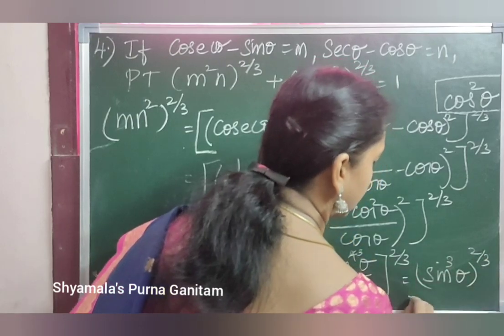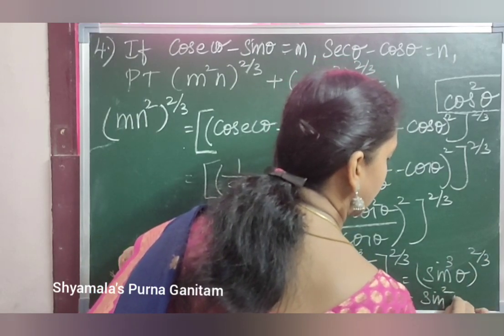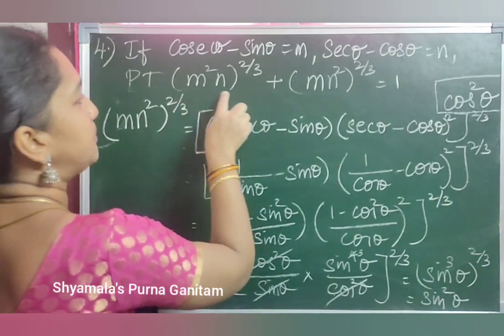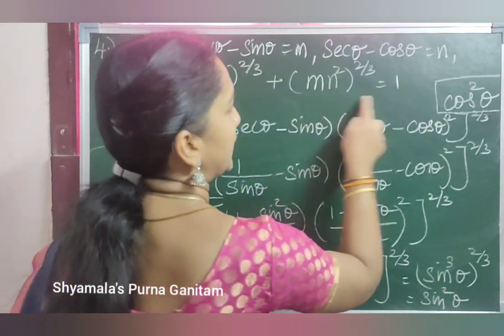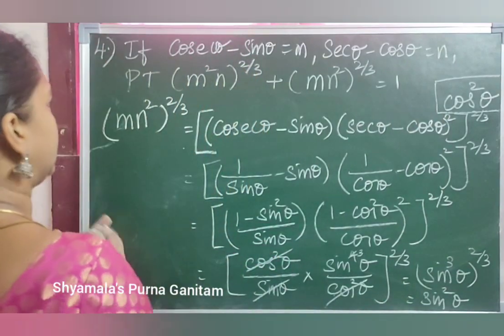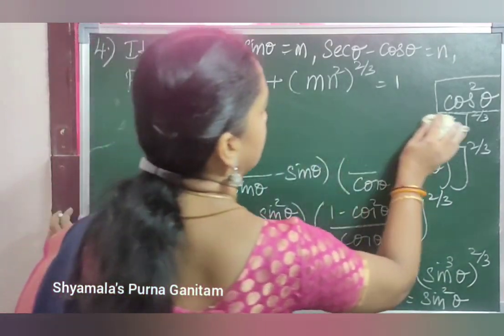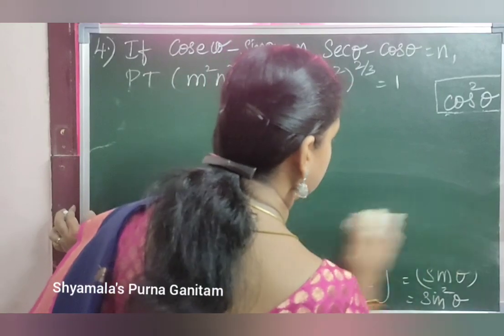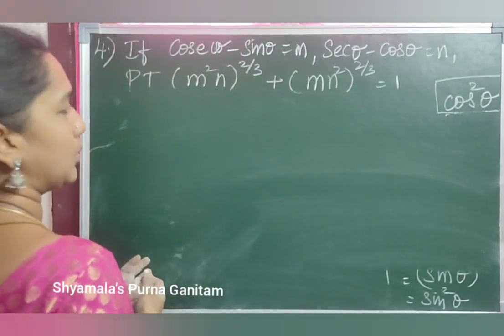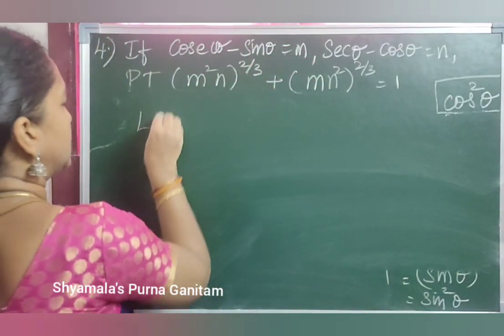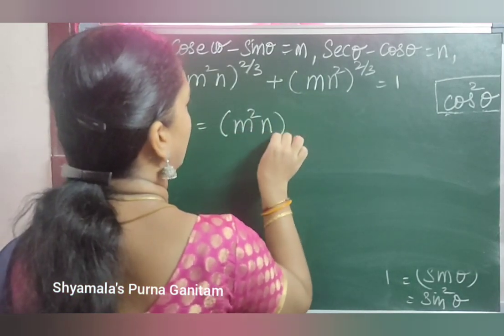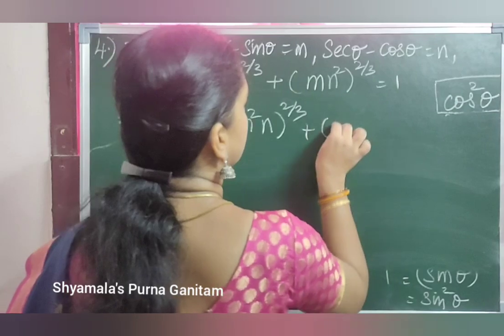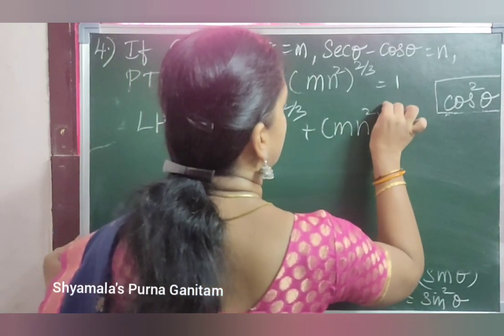When you simplify, you will get sin square theta. So when you simplify this part, you will be getting cos square theta, and when you simplify this, you will be getting sin square theta. So when you add sin square theta plus cos square theta, it is 1. That is the first identity. So LHS is m squared n whole power 2 by 3 plus n squared m whole power 2 by 3.